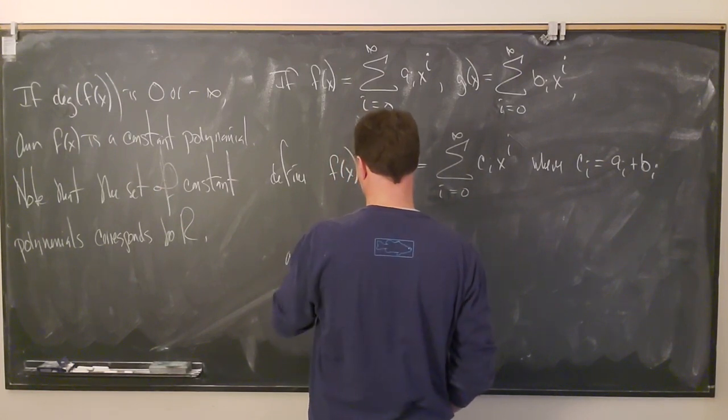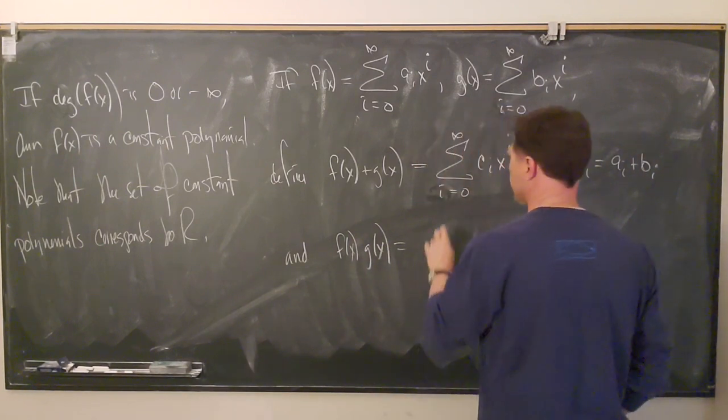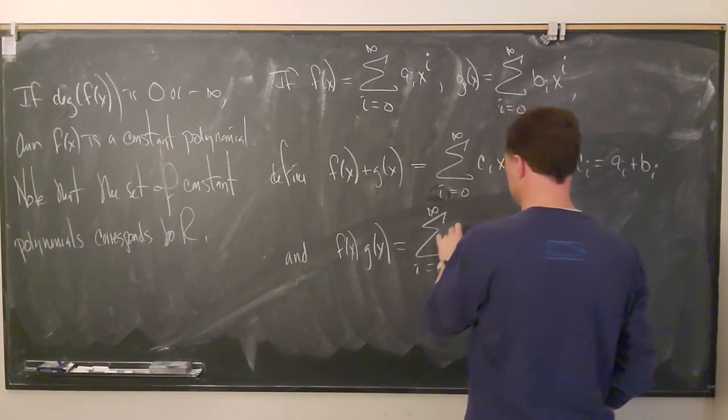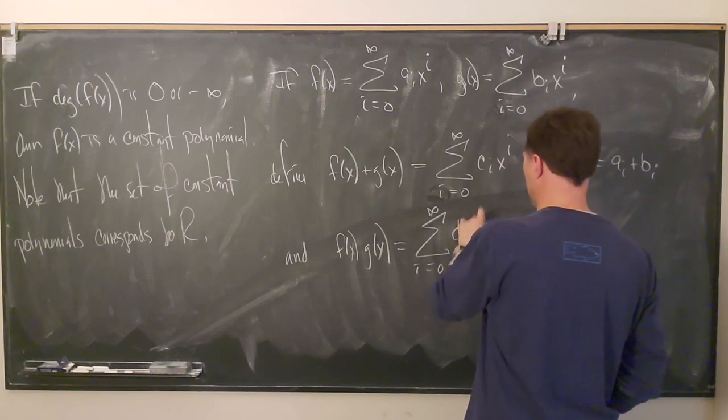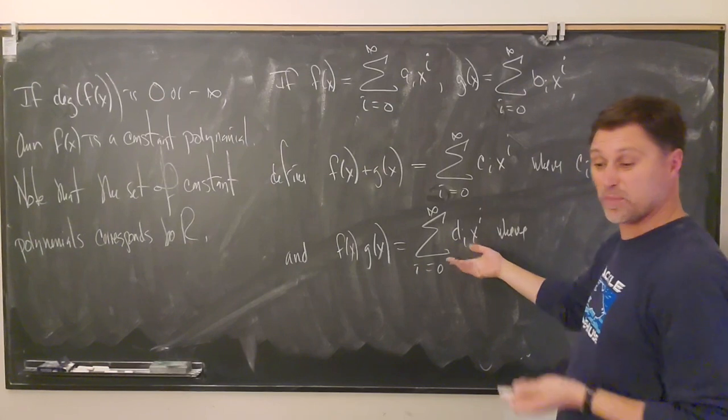f of x times g of x is going to be a new polynomial, sum i equals 0 to infinity, let's say d sub i x to the i, where, so now I need to tell you what the coefficients of this product are.